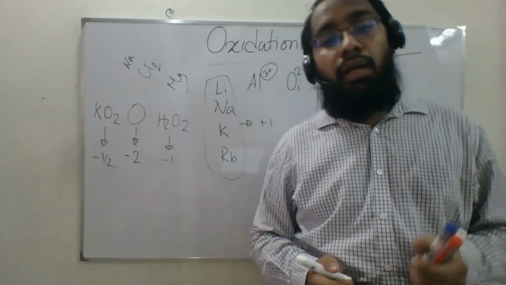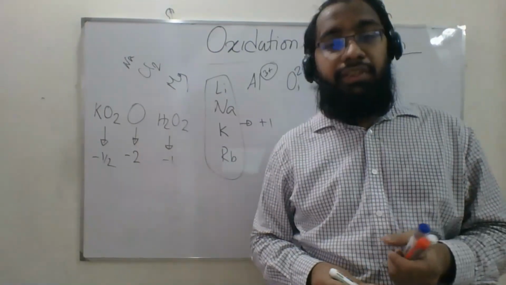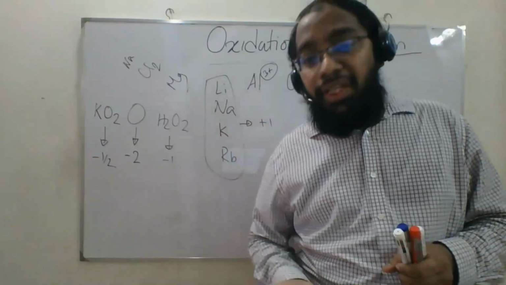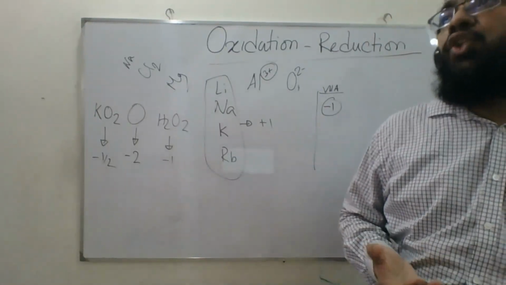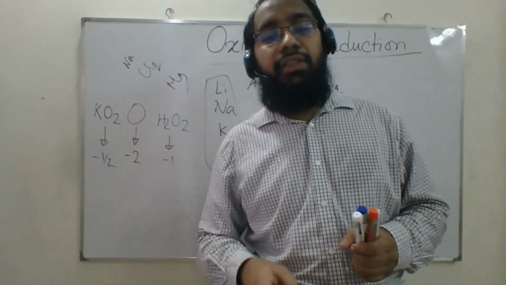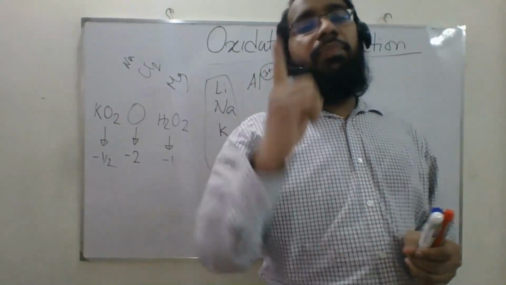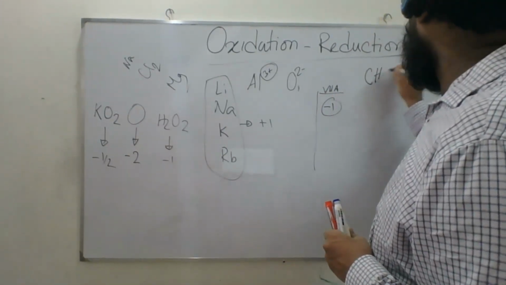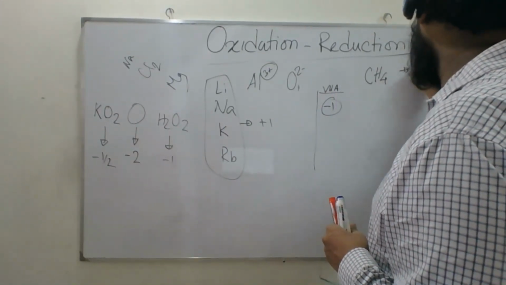Now, what is the oxidation state of hydrogen? If hydrogen is attached with any non-metal element whose electronegativity is higher than hydrogen, then its oxidation number is always +1. So that means if hydrogen is attached with carbon, then there will be +1.